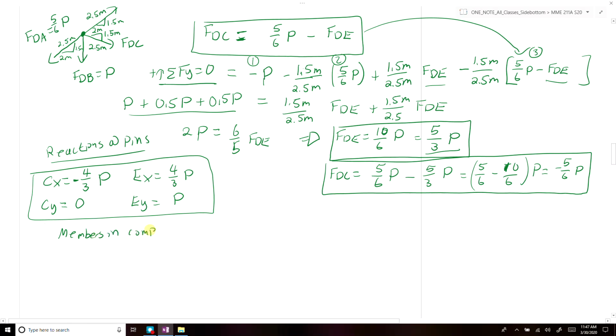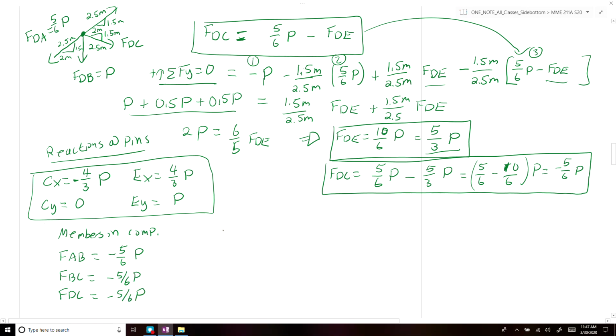Our members in compression are FAB, FBC, and FDC. All of these had the same value, equal to minus 5/6 P.